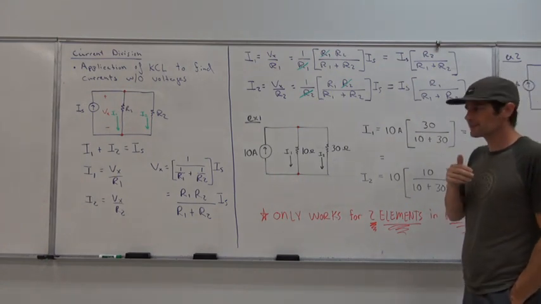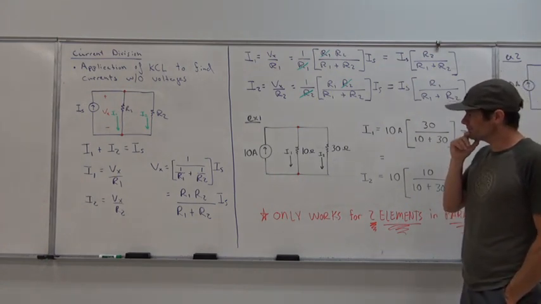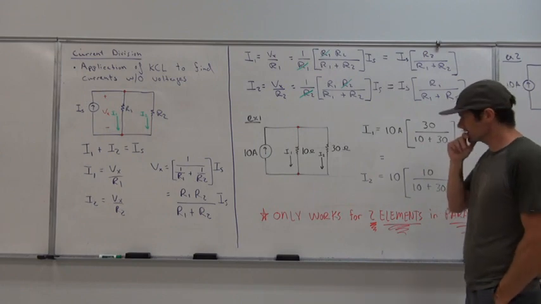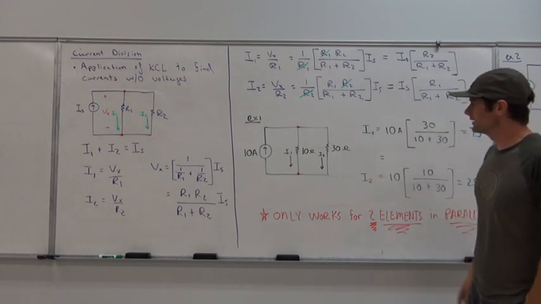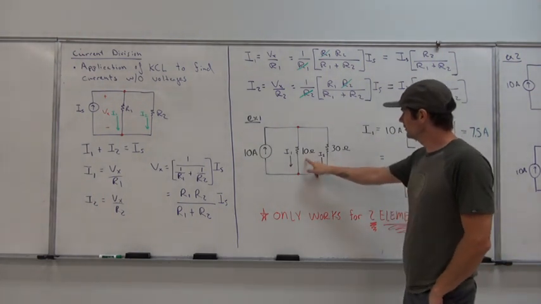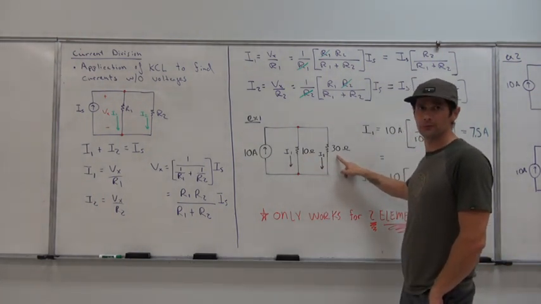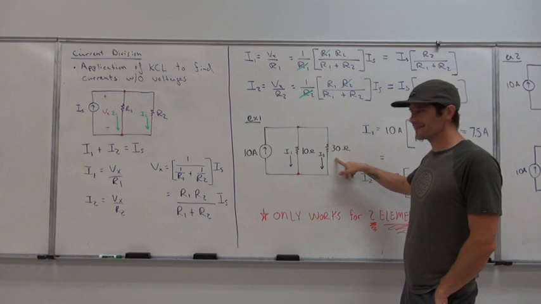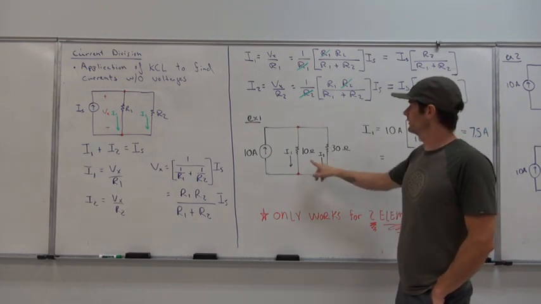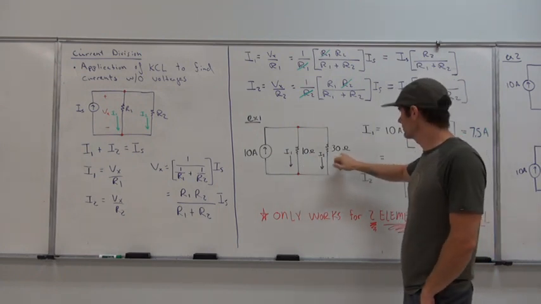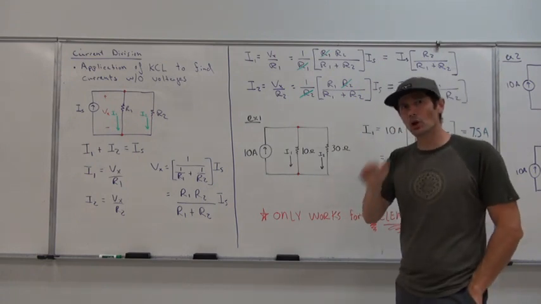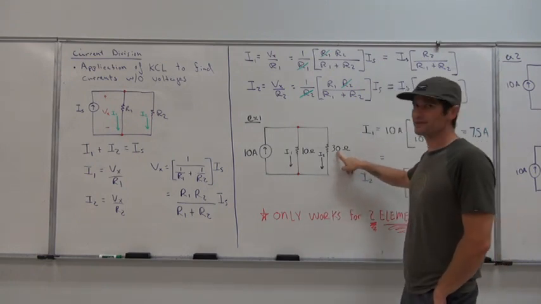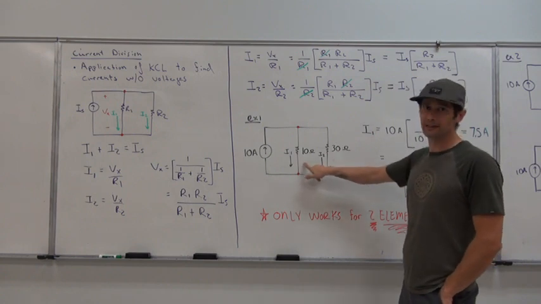Does that make sense? Well, let's remember what resistance does. Resistance literally resists the flow of current. So if we look at 10 ohms and 30 ohms, 30 ohms resists the flow of current way more than 10 ohms does. It's a bigger resistive value. So that means there should be less current flowing through this 30 ohm resistor compared to the 10.